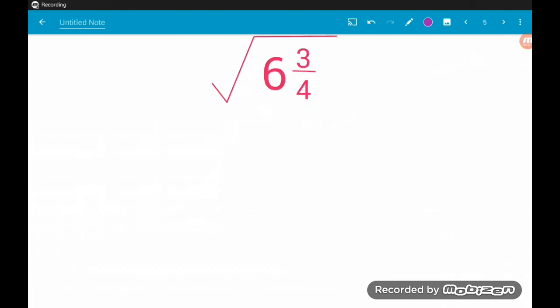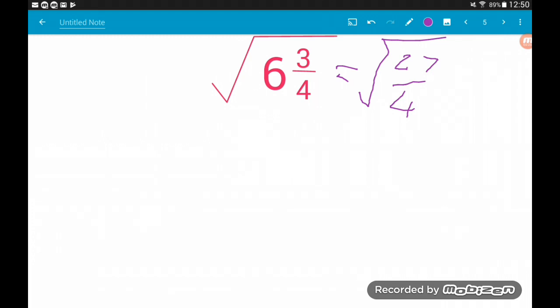Okay, this example is a whole heap of fun. So this time we want the square root of 6 3/4. So as ever, our first job is to turn 6 3/4 into an improper fraction. So make sure that you get 27 over 4 when you do that.